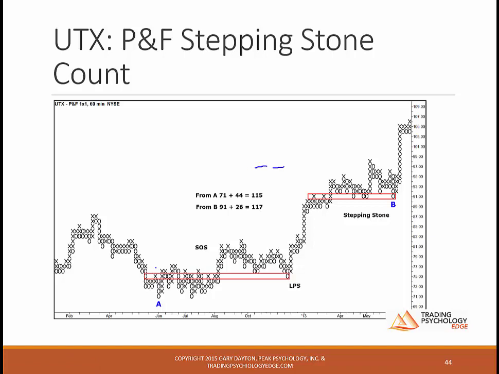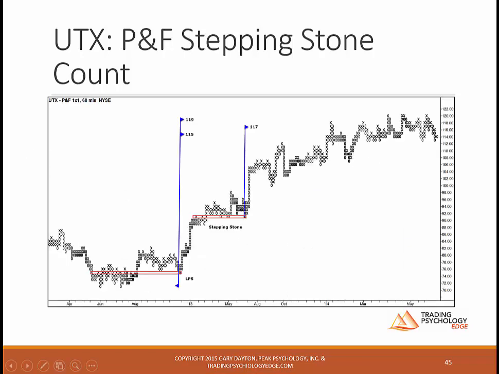And notice how we get not just nice markups from this last point of support, but we also get a nice markup from this stepping stone point and last point of support. And that's what we would expect. If you don't get this, the market continues to go sideways, then you are probably doing something wrong and you want to get yourself out of there.